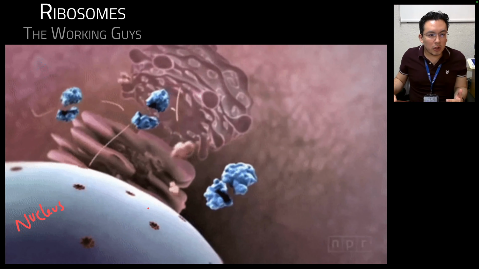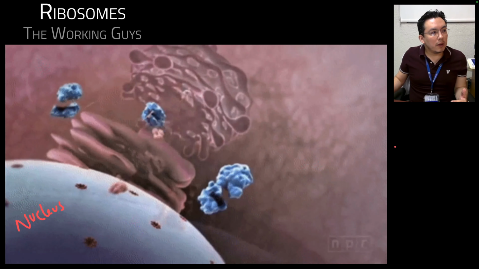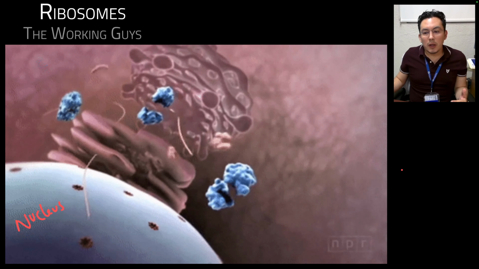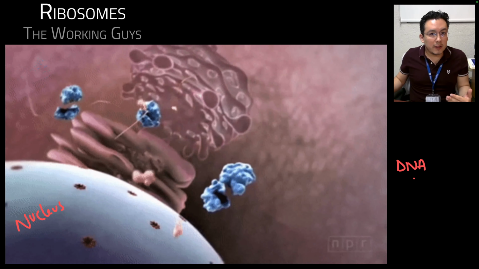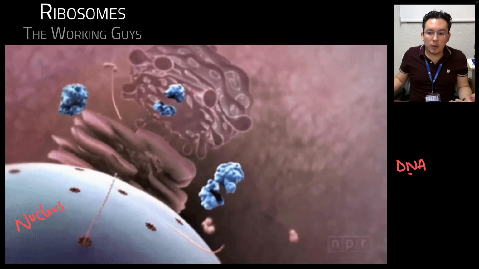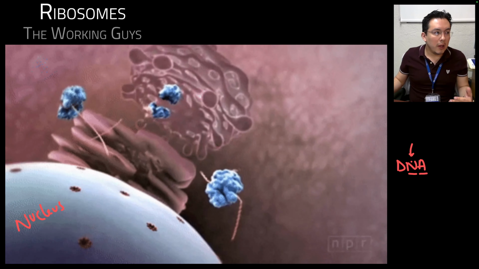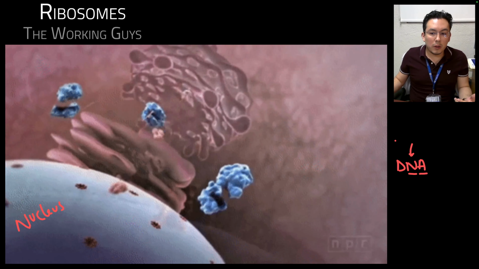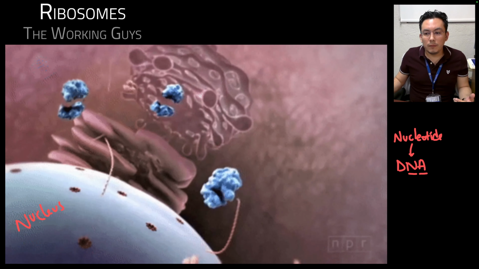Which genetic information? DNA, right? So let's put it in here. Wait, I'm covering it. So the DNA, which is located in the nucleus itself, is made up from its monomer, right? So nucleic acid has a monomer that is called the nucleotide, right?